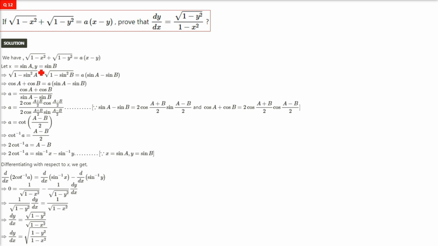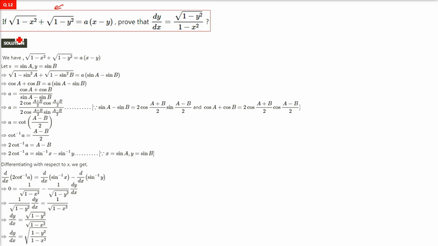The same answer will come. But there is another way which I am supposed to tell you, because this will take a certain effort. So I'm telling you the way of solution when you are putting some certain substitute. For example, x as sin A, y as sin B. Now I'll see how it is being done.